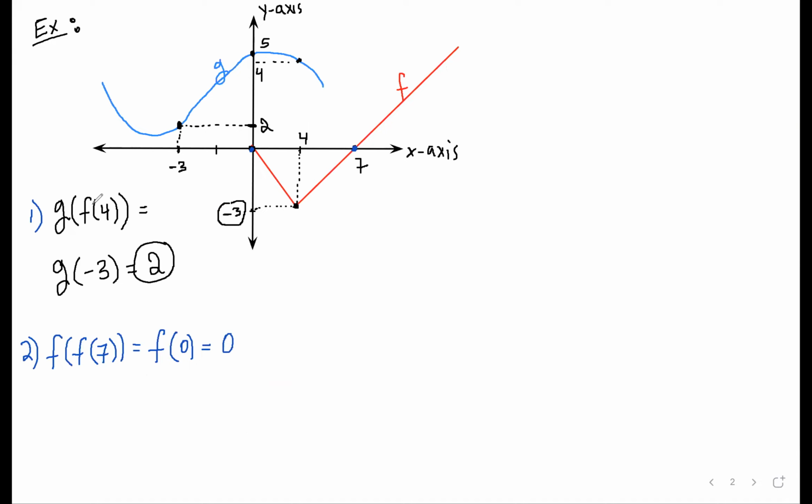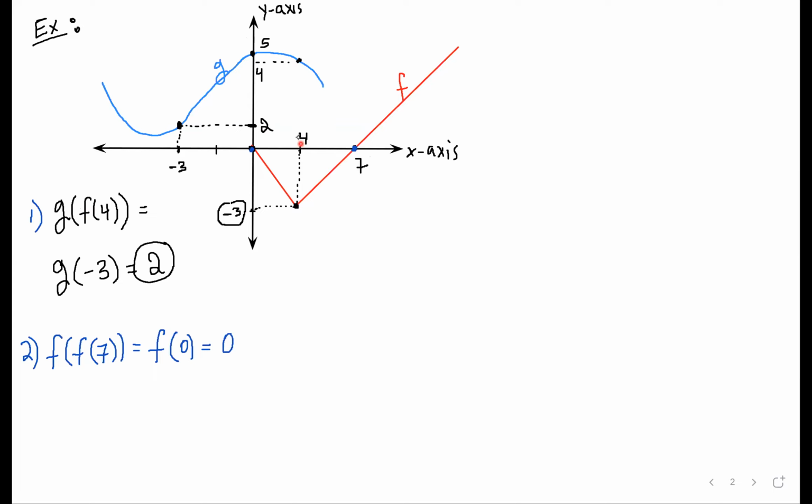So f of 4, you go to the 4 here. You find the f value for the 4. The f value means I'm using the y value from the y axis, the y value for the f function. I'm not going to use the g function, which is the blue one.